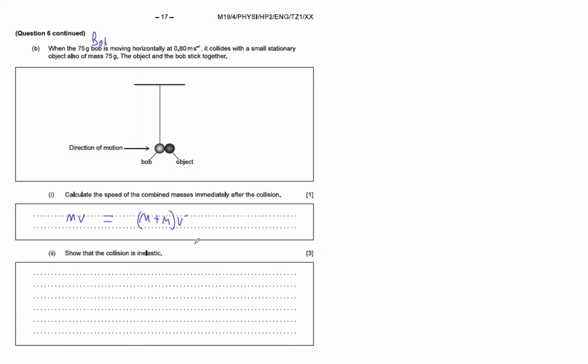Okay. Show that the collision is inelastic. Remember, you need to state that inelastic means the kinetic energy is not conserved. You need to show the kinetic energy before. So the energy before is going to be 1/2 one of the masses times this velocity squared. Afterwards, it's going to be 1/2 the combined masses times whatever this velocity is afterwards, I'll call it v prime squared.